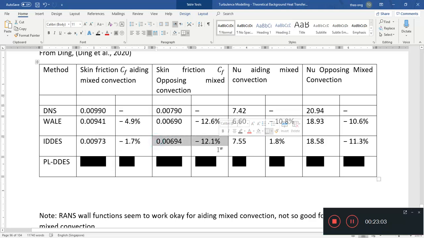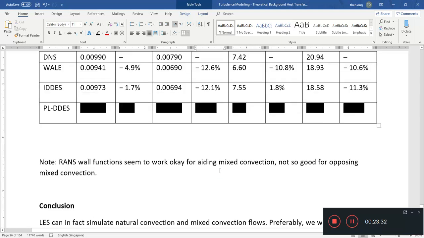For opposing mixed convection, there's a lot more turbulence, so you need to refine your mesh there. Likewise here, there's a big error due to the mesh according to the paper, but the Nusselt number, again, changes and it predicts that change fairly well. But for aiding mixed convection, this Reynolds-averaged Navier-Stokes and LES hybrid tends to work well.